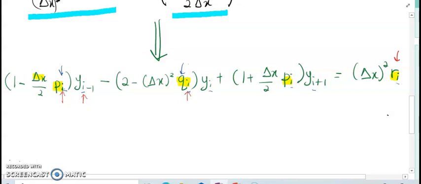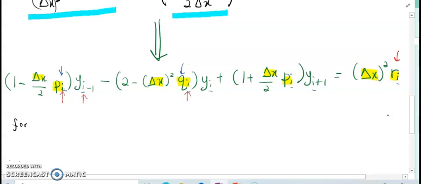So you can get p, q, and r from the differential equation, where p is the coefficient of dy over dx, q is the coefficient of y, and r is the constant value. After substituting the known values into this equation, you will get a simplified form of this equation. After that, you can find the equation at each interior node.